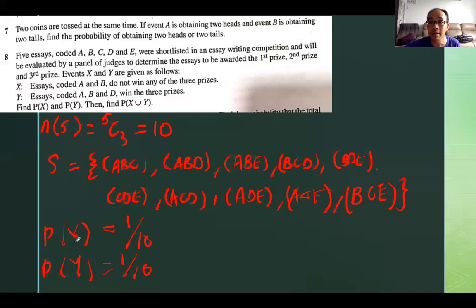Yes, they are mutually exclusive because ABD and CDE are not overlapping. These are different events. So the answer will be 1 over 5. 1 over 10 plus 1 over 10 is 2 over 10. 2 over 10 you simplify, you get 1 over 5.